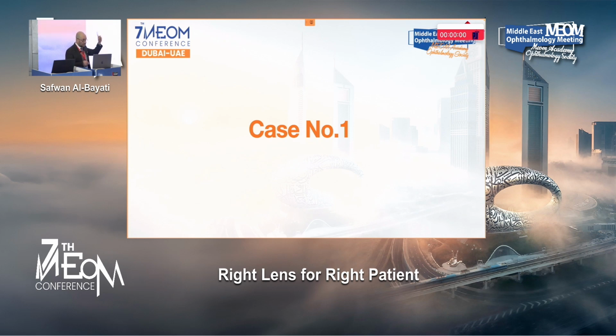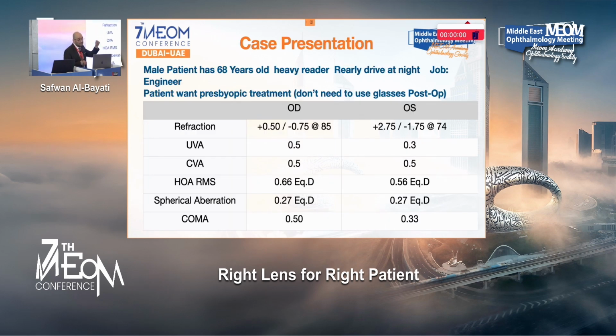So let us go to the first case, which is important. A male patient, 67 years old, heavy reader, rarely drives at night. He is an engineer with refraction plus 0.5, plus 2.75. Unaided 0.5, aided 0.5 also.